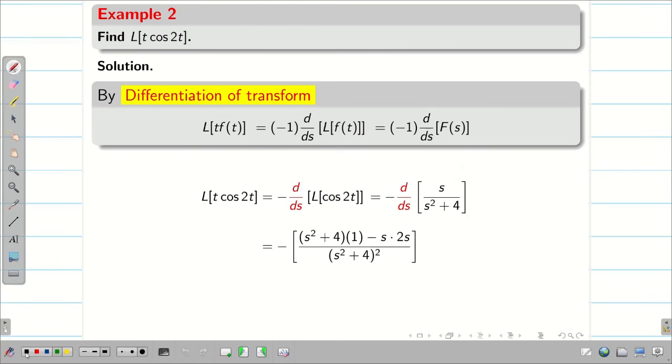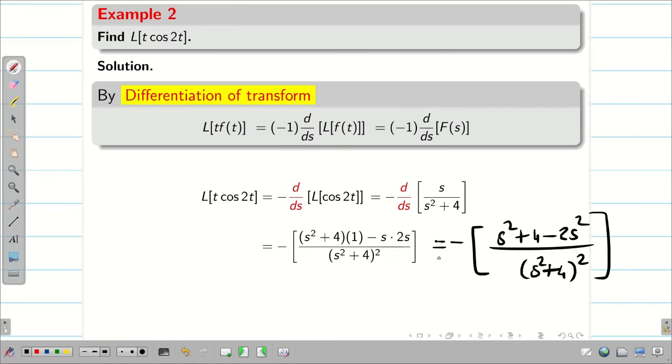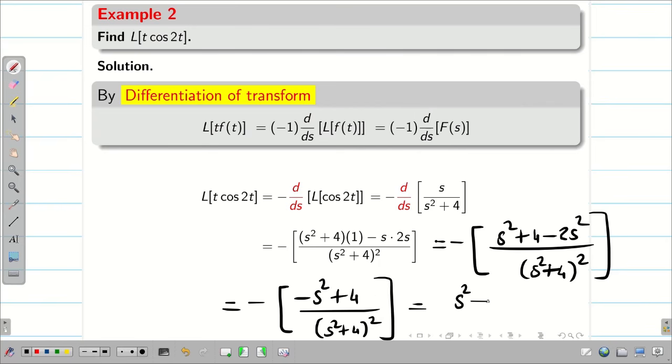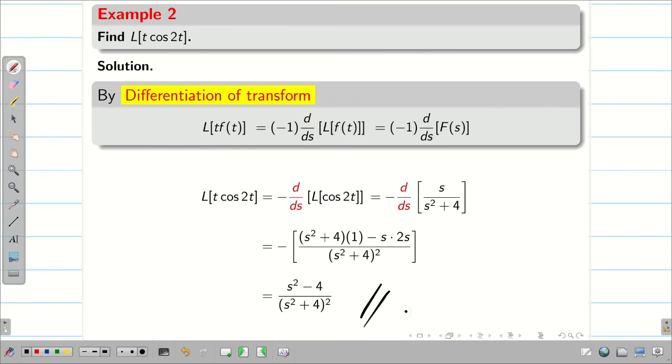Now simplifying this, we get s square plus 4 minus 2s square. The denominator we just keep as it is, s square plus 4 whole square. Now we have minus of s square plus 4 minus 2s square divided by s square plus 4 whole square. Multiply the minus inside, we get the final solution s square minus 4 divided by s square plus 4 whole square. This is my answer.